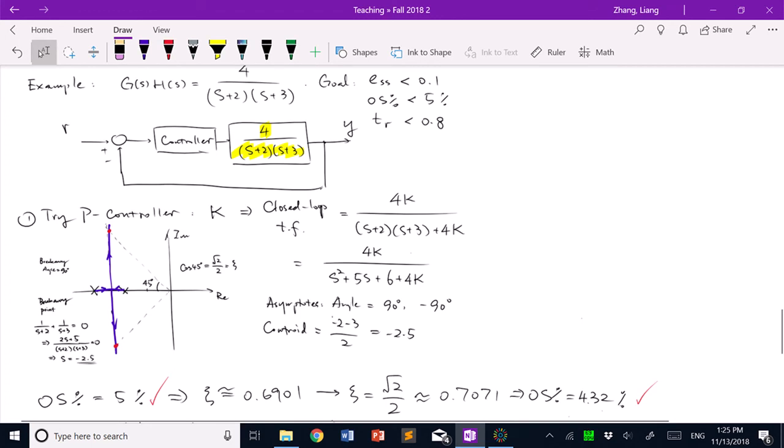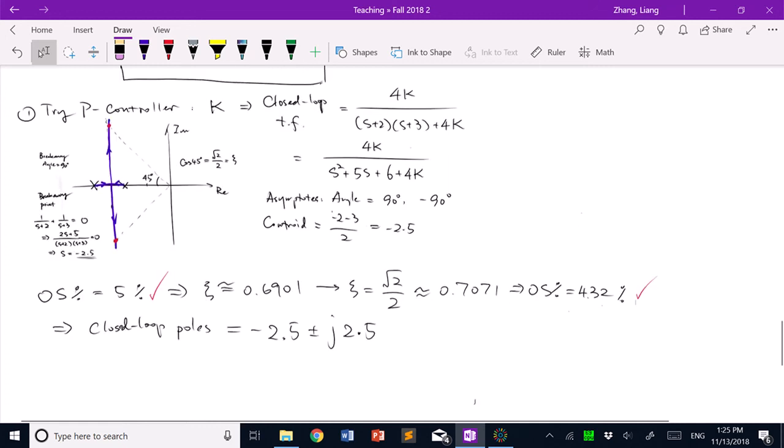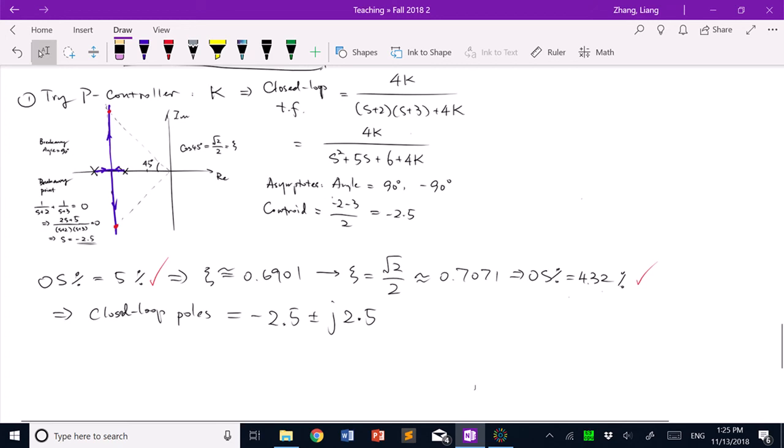Now let's just check the others. Are you able to achieve the steady state tracking error to be less than 0.1? Well, we can find out. We did this in chapter 4. And how do we actually do that? We do this through the following. First of all, if you want to calculate, you need to know what is the K involved. K is the constant such that you will actually reach this.